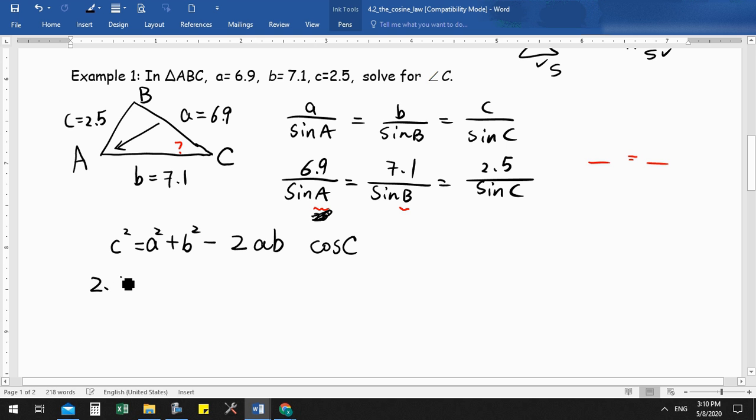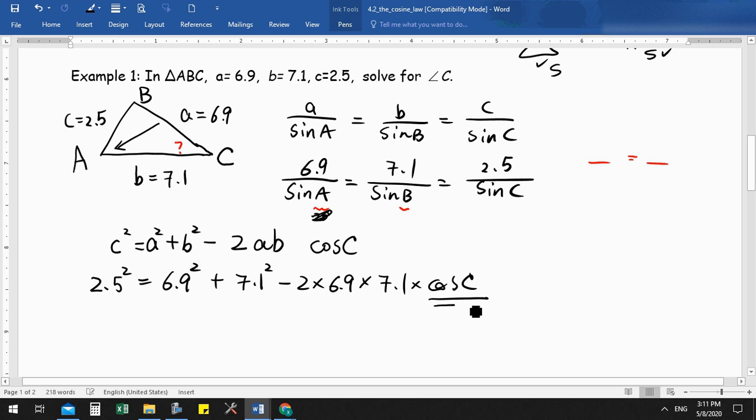So 2.5 squared equals 6.9 squared plus 7.1 squared minus 2 times 6.9 times 7.1 times cosine angle C. In order to solve for angle C, we move the other numbers to the other side.